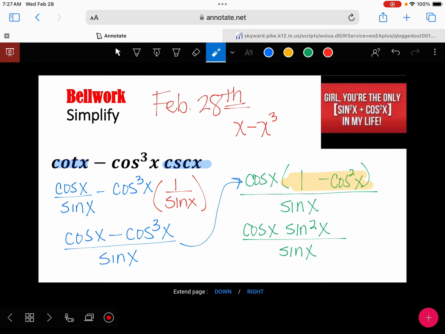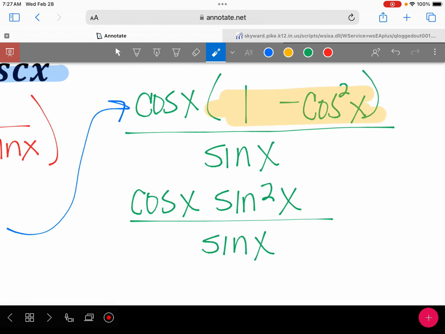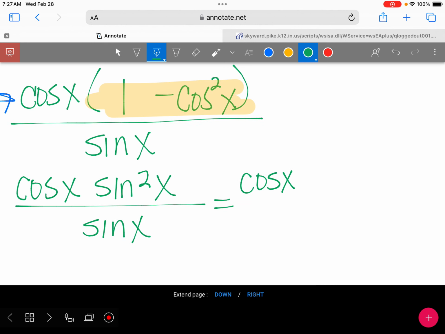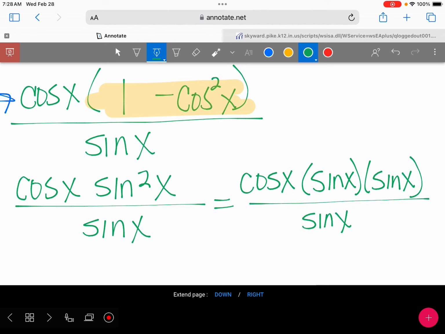Because what you really have, and sometimes I actually write it this way, because I think when it says sine squared, maybe we don't know what that means, but all that means is I have sine twice. I'm going to actually write it that way. That's what that means.